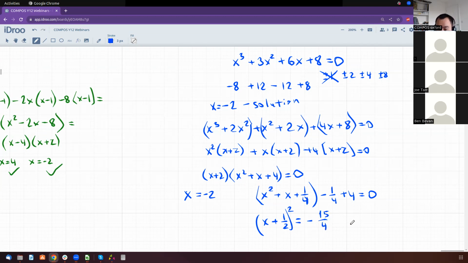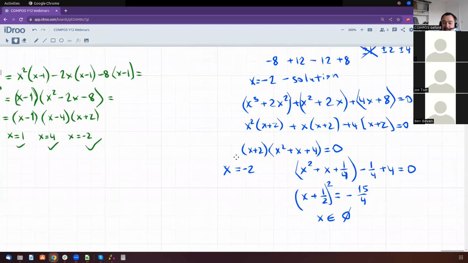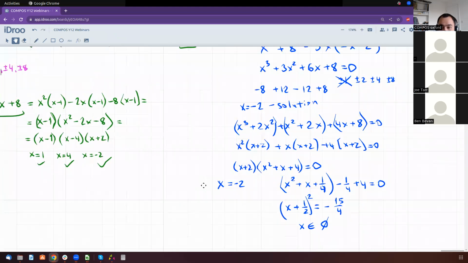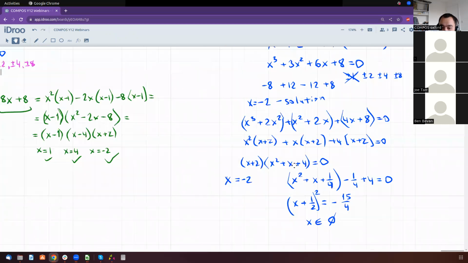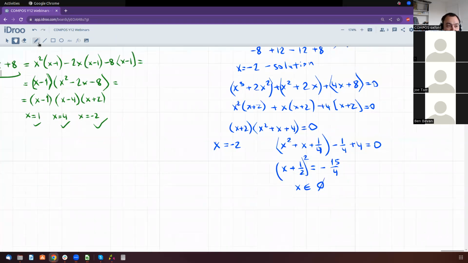So negative, no solutions. There are no solutions here. Now the only solution is x equals -2, but we have x is less than -2, so not suitable. Therefore x belongs to the empty set here. So there are only 3 solutions, which are here.